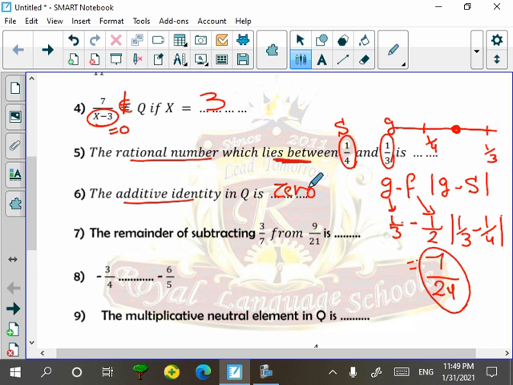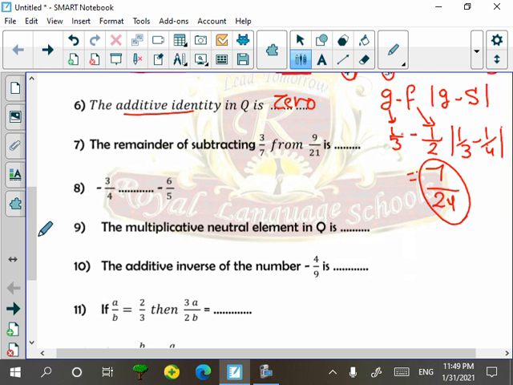Number 7: the remainder of subtracting 3 over 7 from 9 over 21. We write 9 over 21 minus 3 over 7.